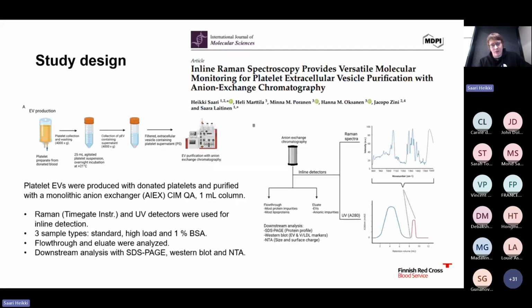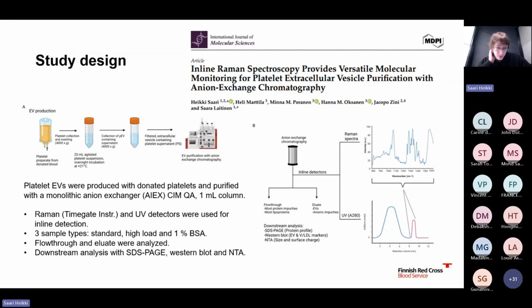So this is the study. It was published last year. This is the abstract from the study. Basically what we did is we got platelets from donors and produced platelet EVs from those, and then we purified them using this monolithic anion exchange column. This was done at the biocomplex purification unit at the University of Helsinki.